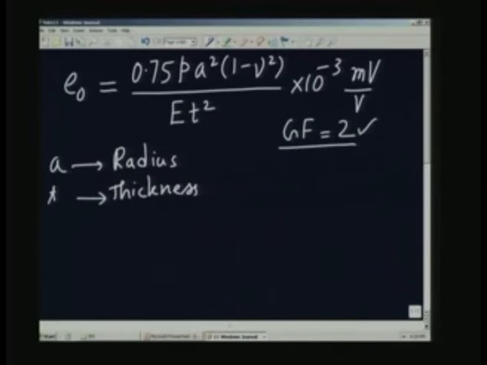So, the value of A I am going to use as 8.5 millimeters, or the diameter is 17 millimeters. Okay.